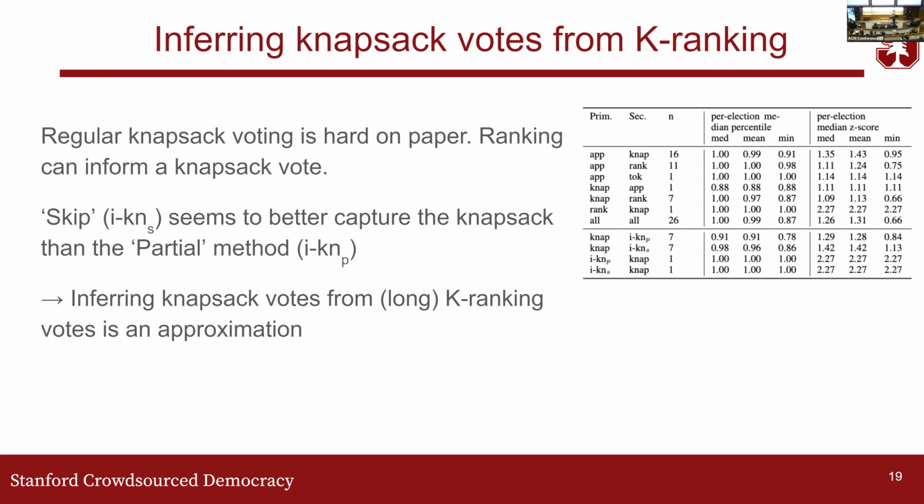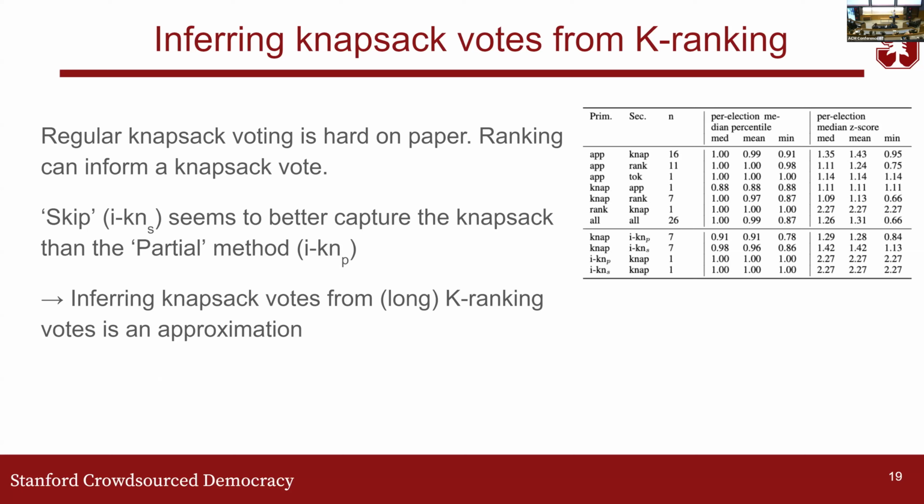Secondly, we used the same kind of approach to look at whether we can actually infer knapsack votes from K-ranking. So if we infer a knapsack ballot from a long ranking ballot, how does that compare with their actual knapsack ballot? So if people first vote with knapsack and then vote with ranking, we can look at that inferred pair. We looked at two different inferring methods. We could do some kind of partial allocation and we could do some kind of skip allocation.